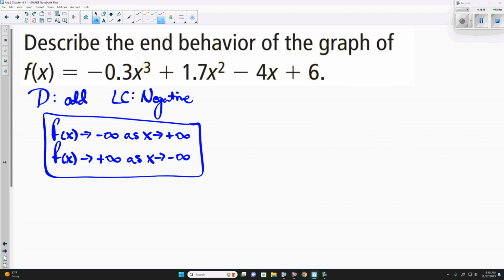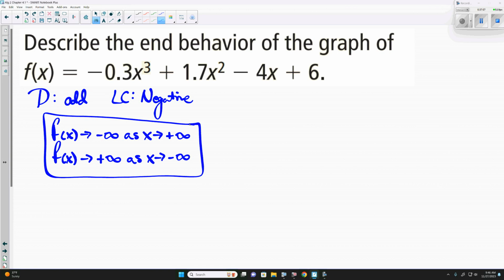That's it. Now the order in which you put these really doesn't matter. I could have put f of x approaches positive infinity as x approaches negative infinity first, and f of x approaches negative infinity as x approaches positive infinity second. We could have flipped them. That's fine, saying the same thing.